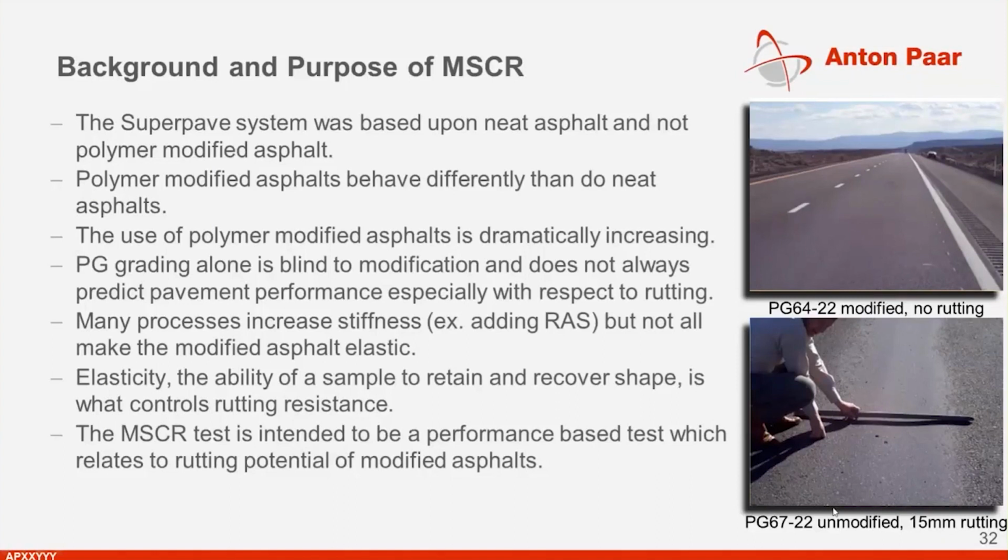And in the lower picture, we can see a PG67-22, which is an unmodified binder, and we are seeing a 50 millimeter rutting here. Okay, to be honest, from this point of view it is quite easy to say there is no rutting, but we just trust that the picture is right.